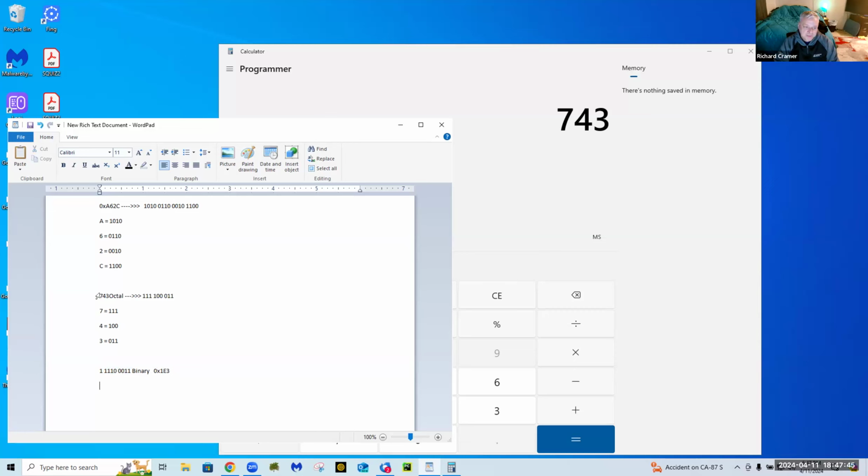So we went from 743 to 111100011 to 0001 1110 0011 to 1E3, and that's how I converted the numbers. Going from octal to hex, binary is a better intermediary step for conversion because it's easier than converting through decimal.